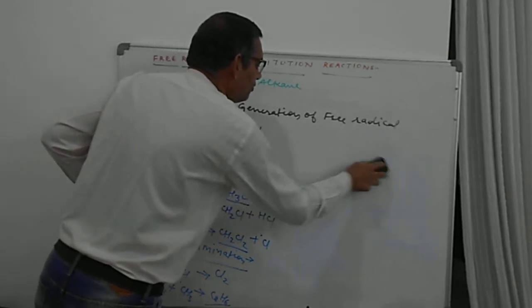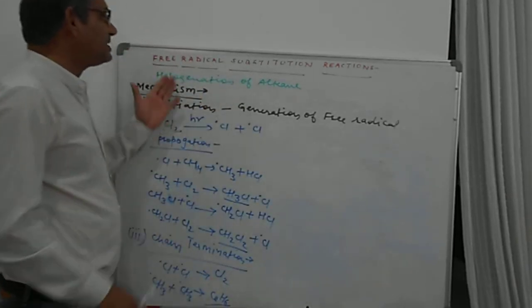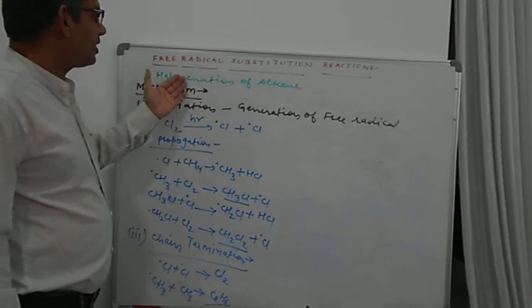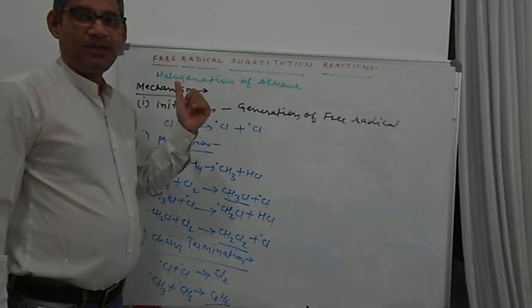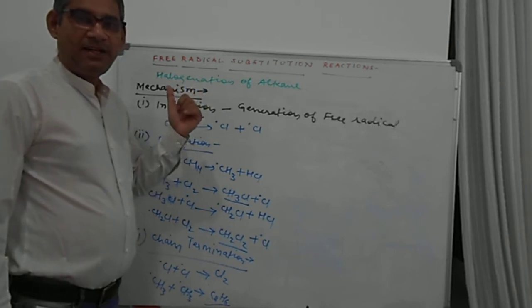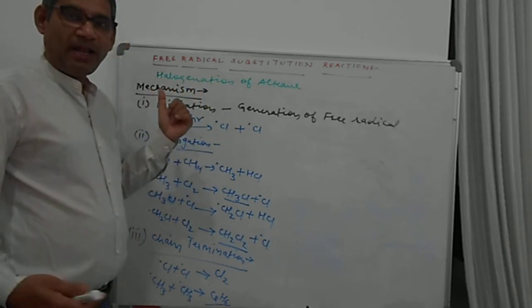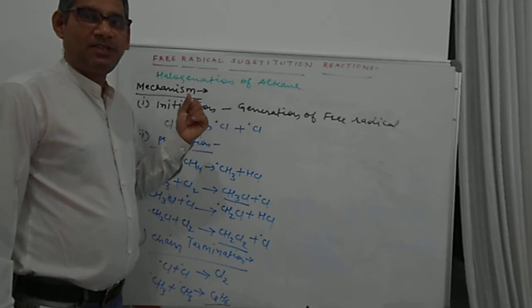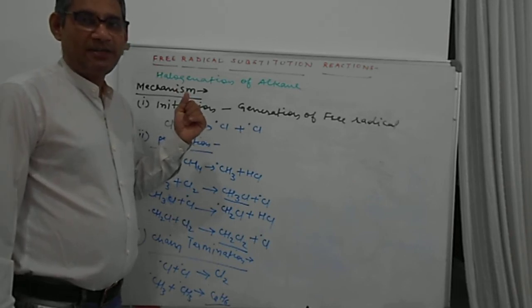Now the example of this free radical substitution reaction is the halogenation reaction. Here we are talking about halogenation of alkane. In halogenation of alkane, hydrogen will be lost one by one from the alkane, and instead of that hydrogen, halogen will be added.